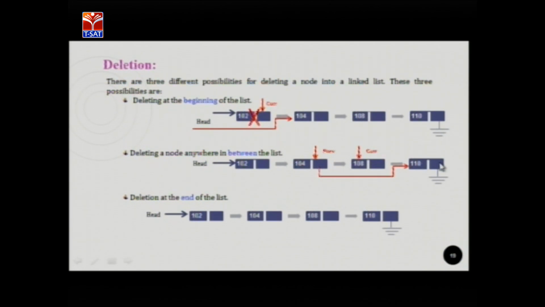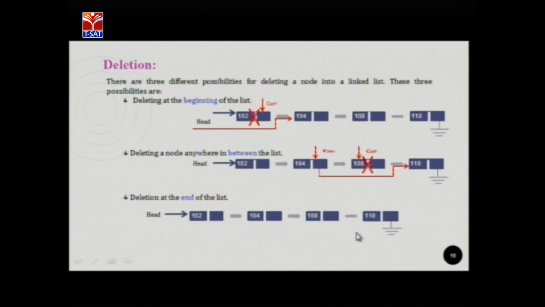The address of the next node will be stored in the previous node link part, so that the connection will be like this, and we have to delete the current. Then the 108 data element will be deleted, and the list will be continued like this.